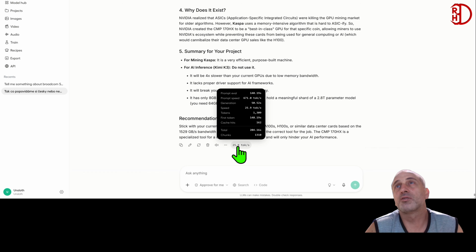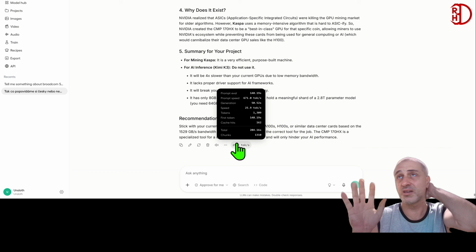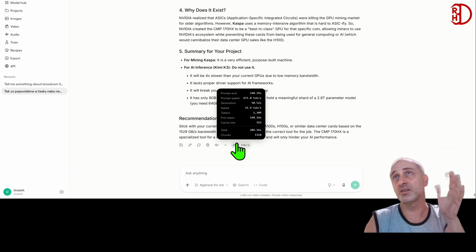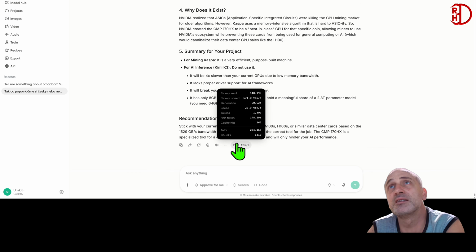It took so long because the input prompt was so short. Generally I have found out on this model, the CMP is doing about 580 tokens per second, which is quite nice.